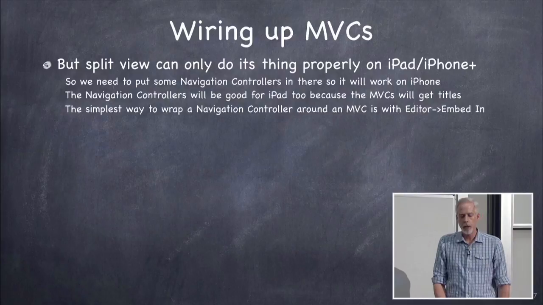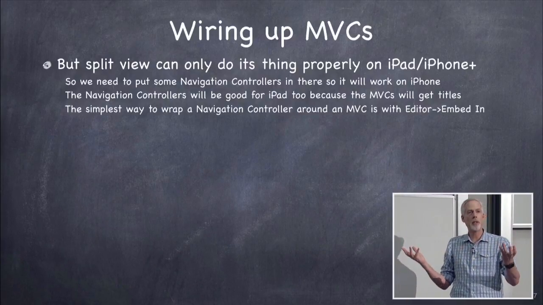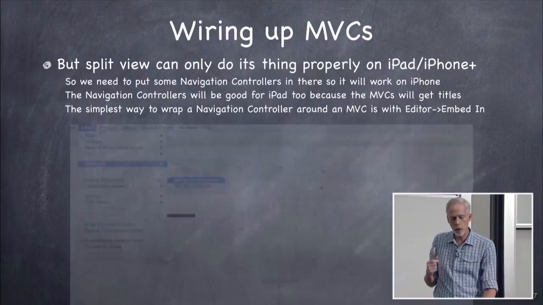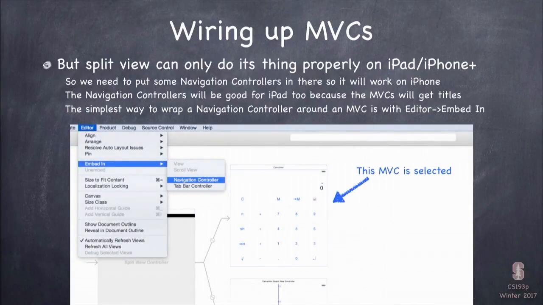So what we really want is to build a UI that works on all the devices. To do that, we're going to wrap the master and the detail in a navigation controller. Then when they're on an iPhone, they won't use the split view part, they'll just use the navigation controller. It's really cool how it figures this out.